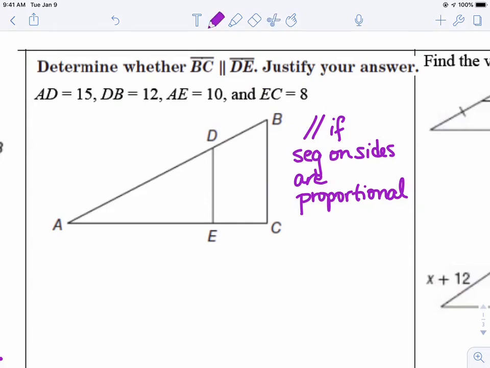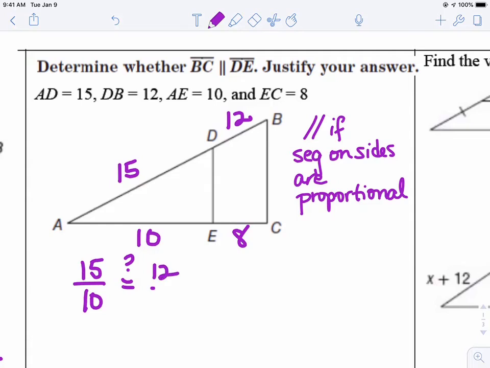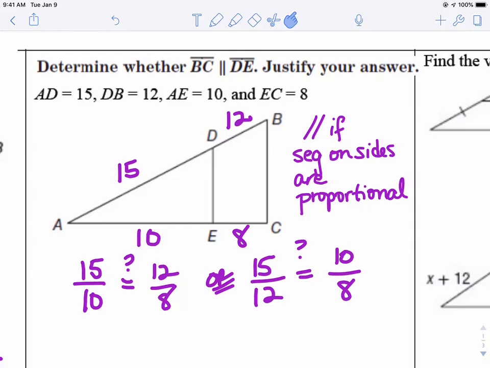So it gave you AD is 15, it gave you DB is 12, AE is 10, and EC is 8. So we're just checking, is 15 to 10, is that equal to 12 to 8? Or you could check 15 to 12 and see if that's equal to 10 to 8, or any equivalent proportion.